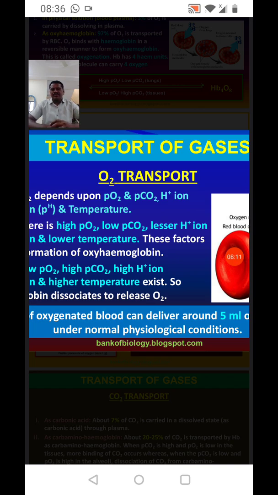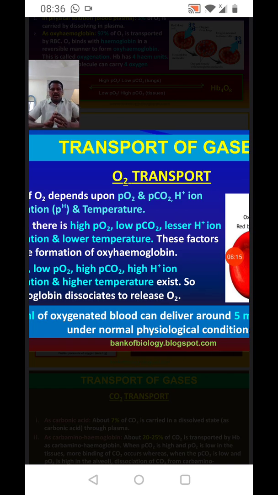Already I told you. But here you should remember the binding of oxygen with the hemoglobin is decided or affected by 4 factors. That means there are 4 factors which decide the binding of oxygen with the hemoglobin.